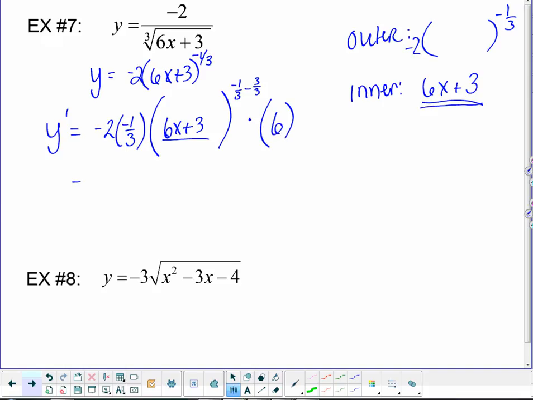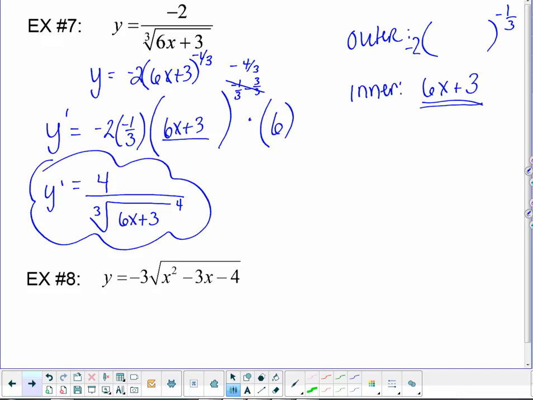And we're in the cleanup phase, so I'm going to have 6 times 2 will be 12, divided by 3 is 4. And this will become what? A negative 4/3 power, which says drop it to the bottom, and I'd have the cube root of 6x plus 3 raised to the 4th. There's our y prime.